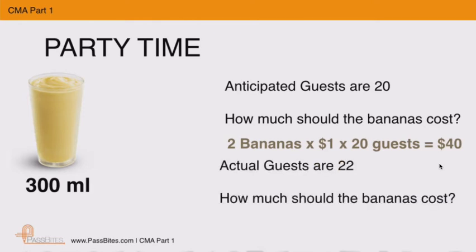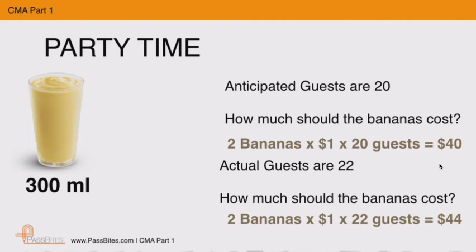But if the actual guests are 22, how much should the bananas cost when we are serving each milkshake to individual guests? 2 bananas, but this time 22 guests, and this will give us $44. This is an example of a flexible budget, changing the budgeted 20 guests to the actual 22 guests.